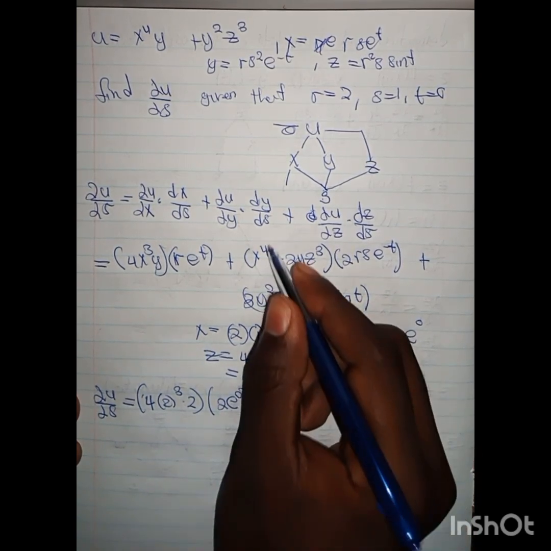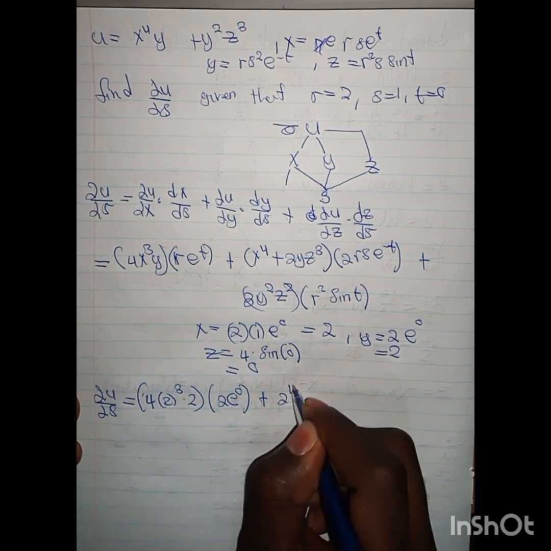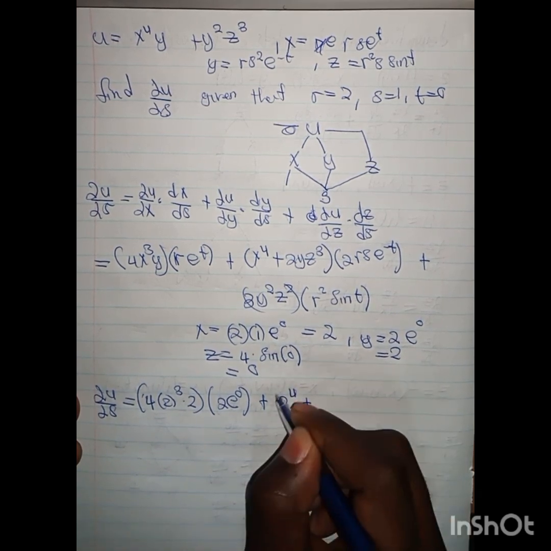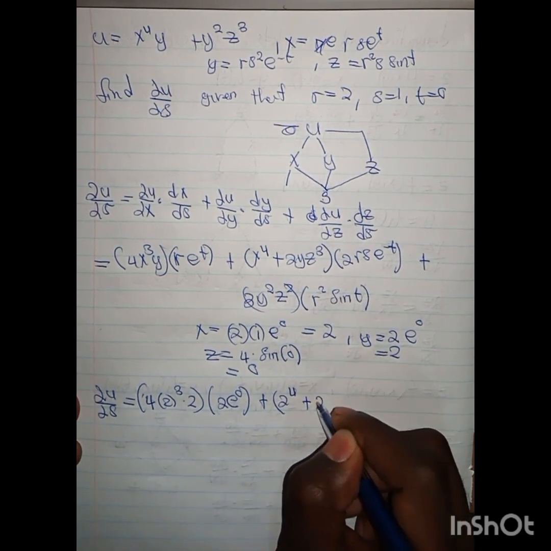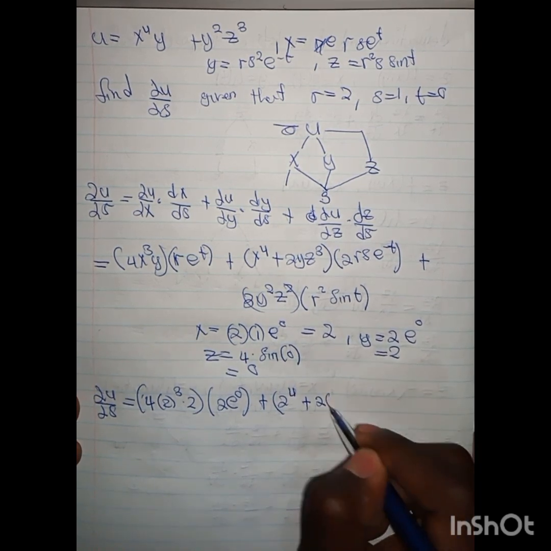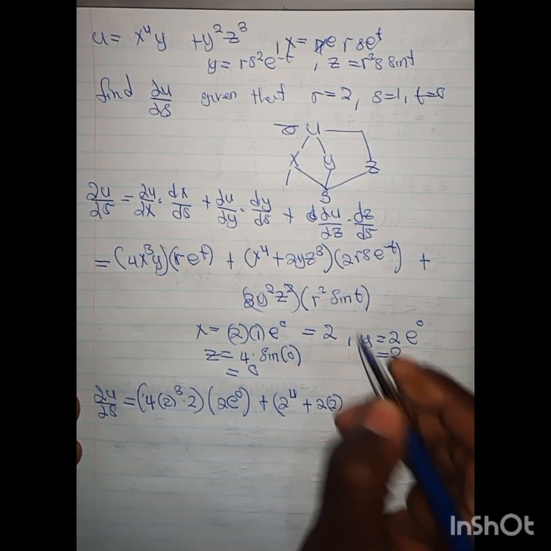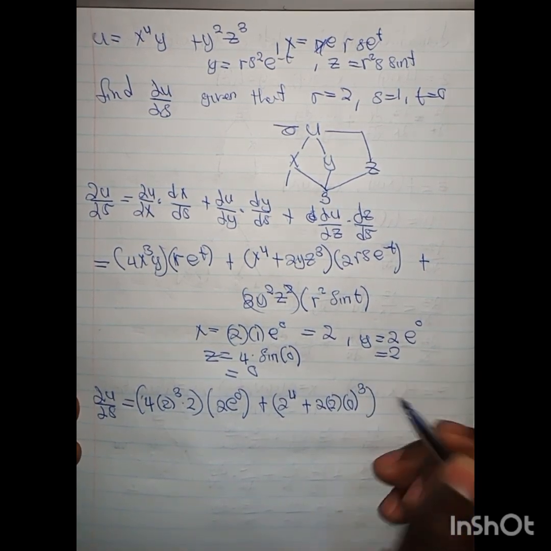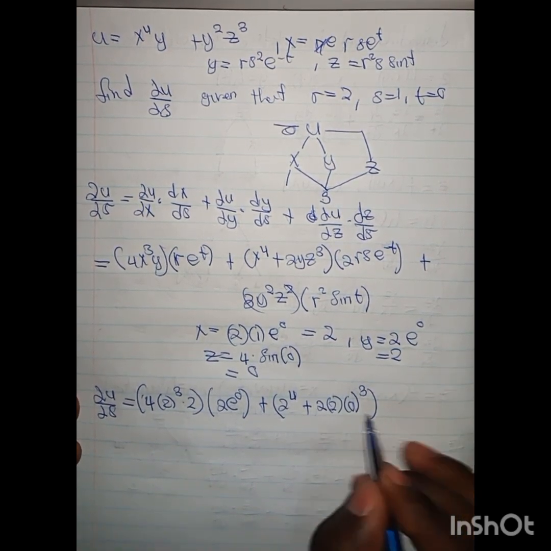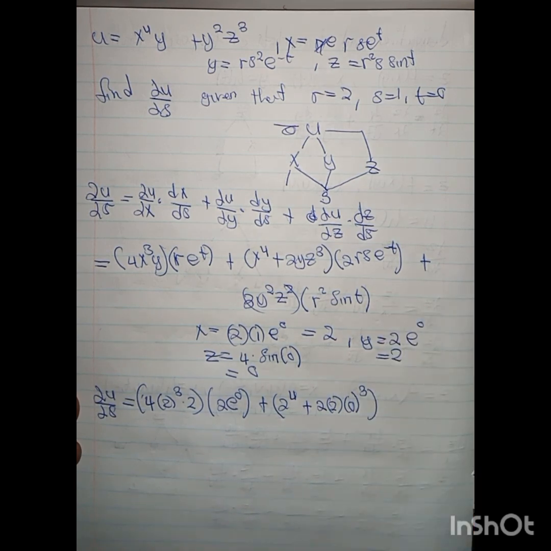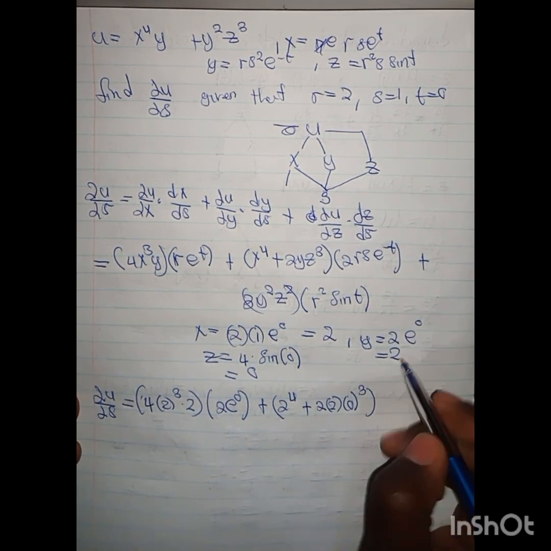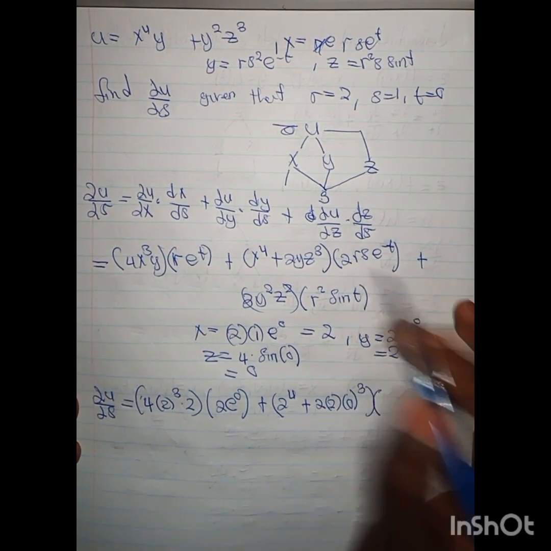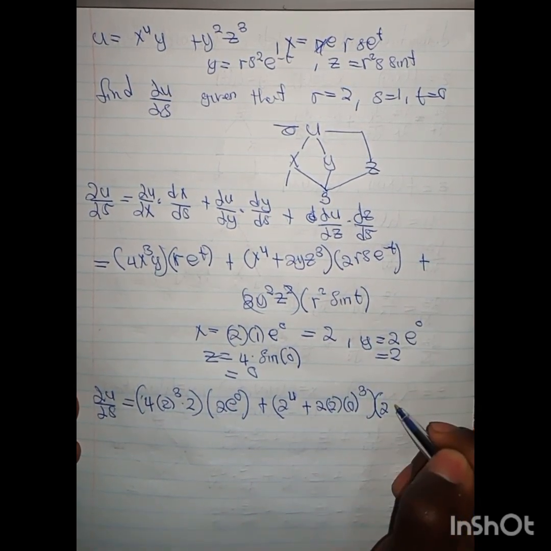So it means we'll have 2 to the power 4 plus 2y. y is a 2. And then z is a 0 to the third like that. Then since this is a 0, it means everything within here will be a 0. Then we multiply by 2r.